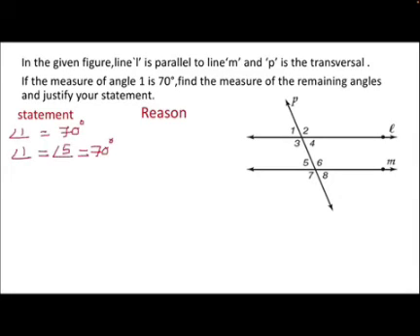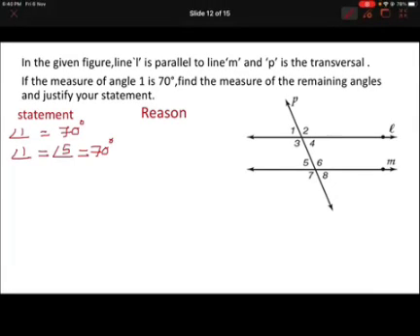Now angle 1 is 70 degrees. How do we know that angle 1 is 70 degrees, children? Can anybody tell me what is the reason that we are stating angle 1 is 70 degrees? Simple. It is given. Where is it given?